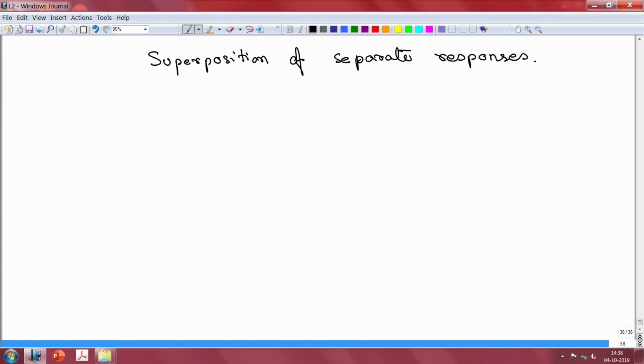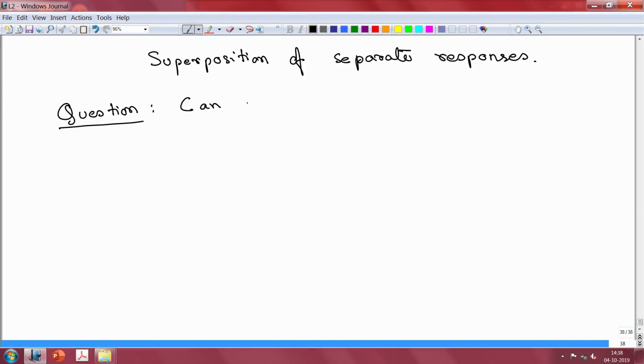The question we are trying to ask here is actually very simple. If you do parts of the experiment separately, can you superpose the responses also?